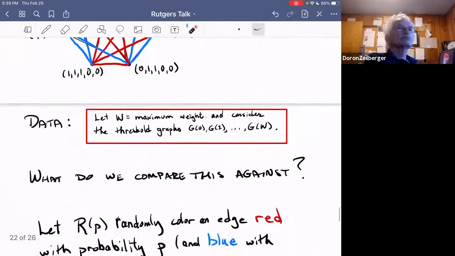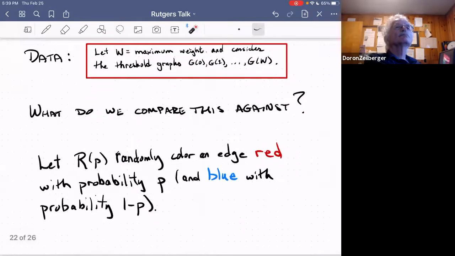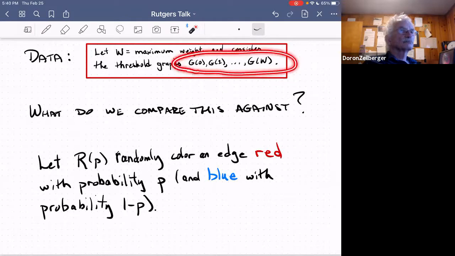That is going to be what we consider our data. Let W be the maximum weight. In my last example, that was 5. But in general, our data are the threshold graphs with T going from 0 up to W. So we have this data.